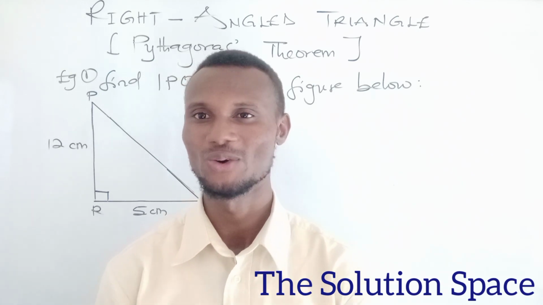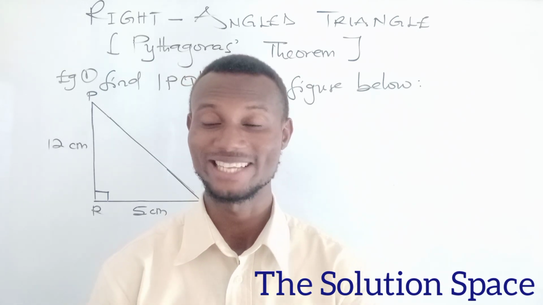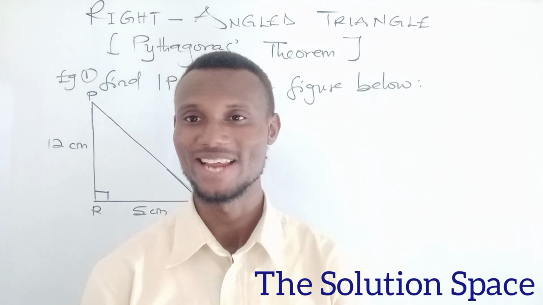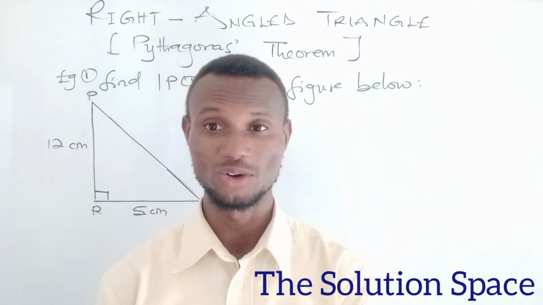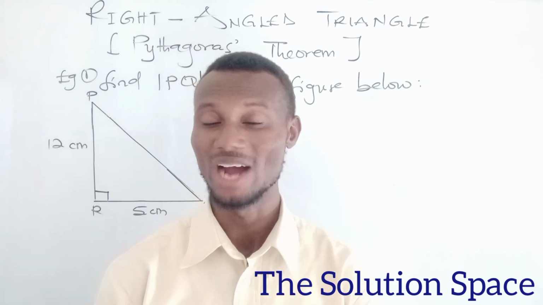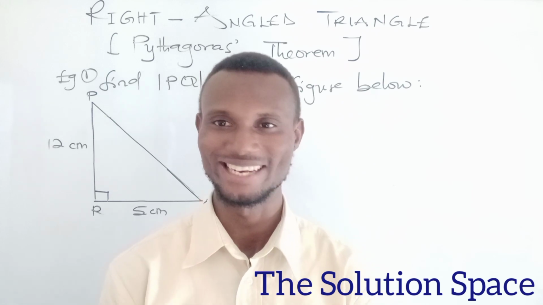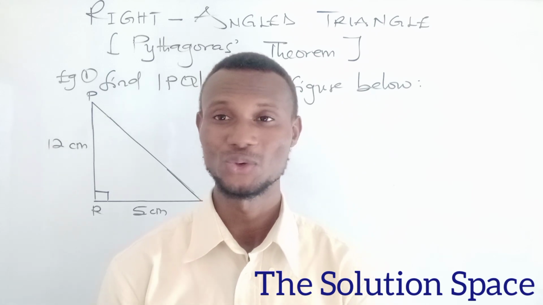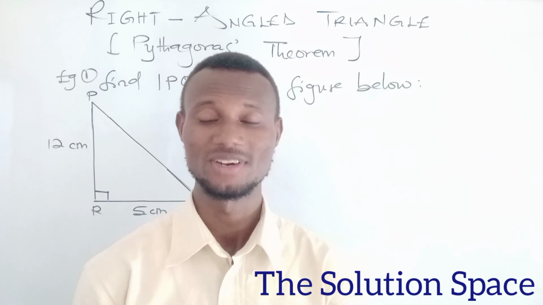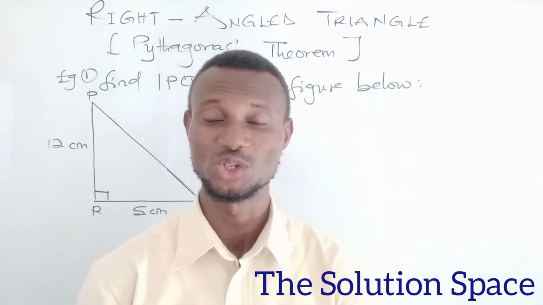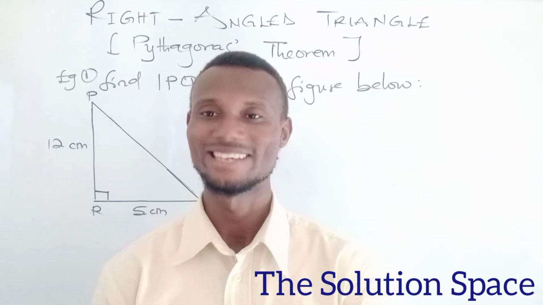In the first video, we started learning about Pythagoras theory and we did a detailed explanation on it. I hope you understood it and enjoyed the lesson as well. This is a continuation, to solve an example on it with you so that you get a good understanding of it.